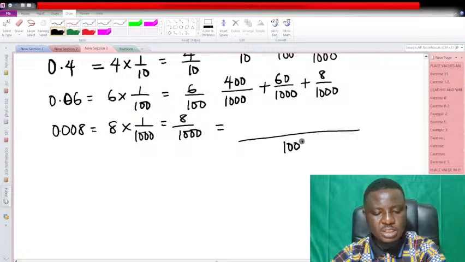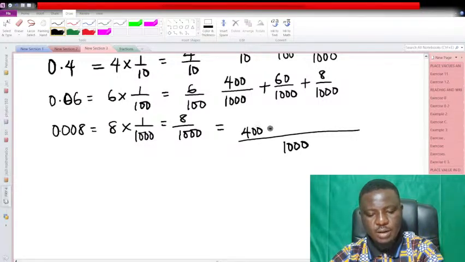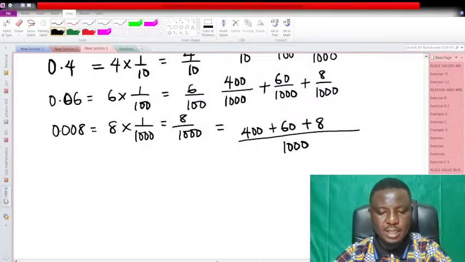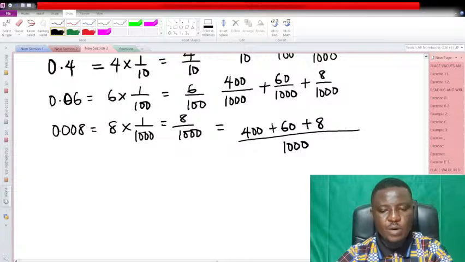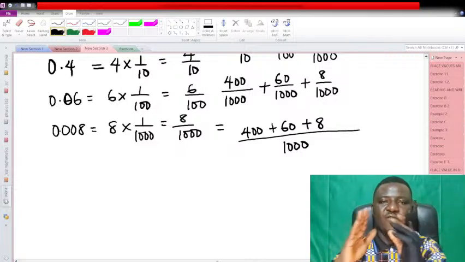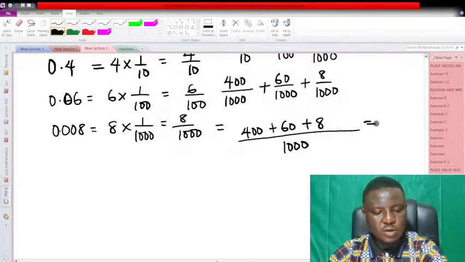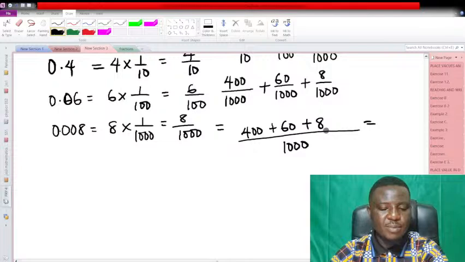So the denominator is 1,000. Add up, this now becomes 400 plus 60 plus 8. The essence of making the denominators equal is so as to add up the numerators. For when the fractions have equal denominators, you can then add up the numerators. And this gives us 400 plus 60 plus 8.